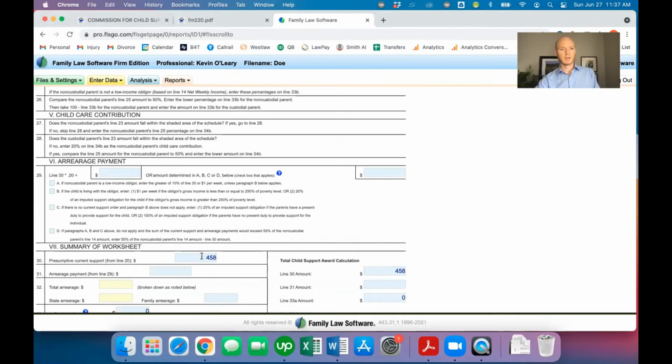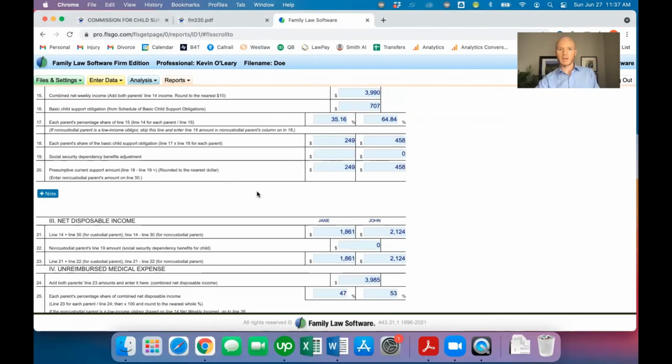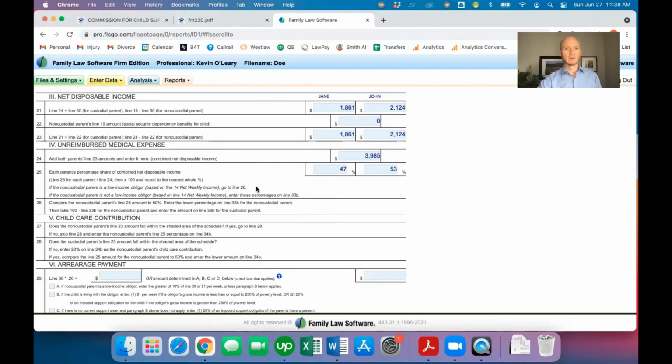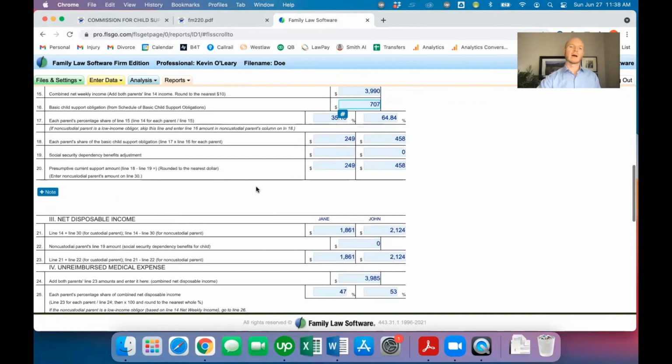And it comes out with $458 per week that is paid by John to Jane. Now, if this was reversed and Jane was going to be paying John child support, she would be paying him 36.16% of this 707 number. So that is how the weekly child support amount is calculated.